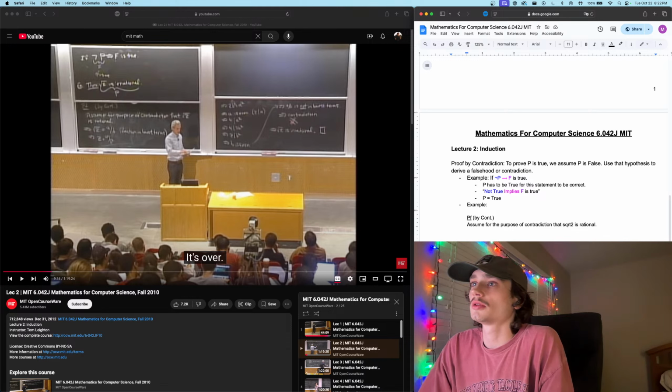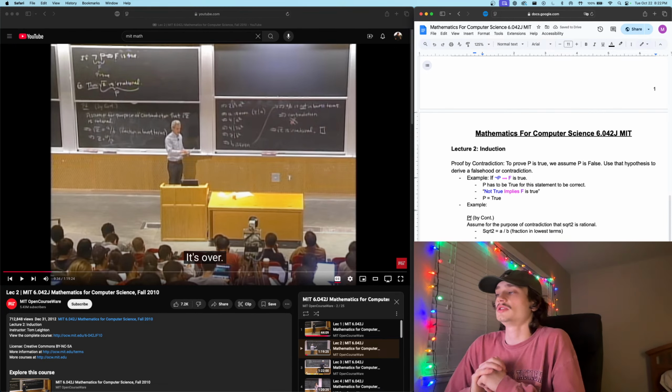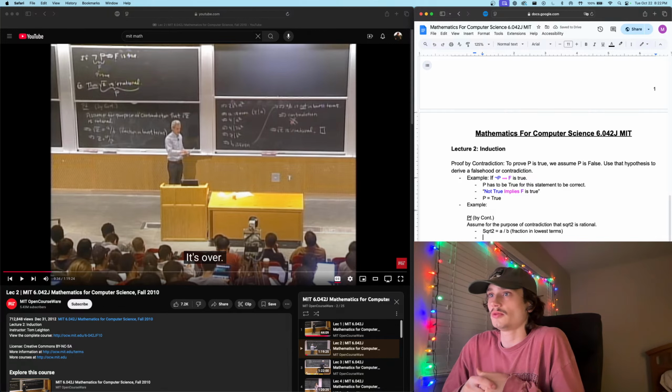Assume, okay, so then we want to say the square root of 2 is equal to a over b, which is a fraction in lowest terms. So square root of 2 is equal to a over b, a fraction in its lowest terms.